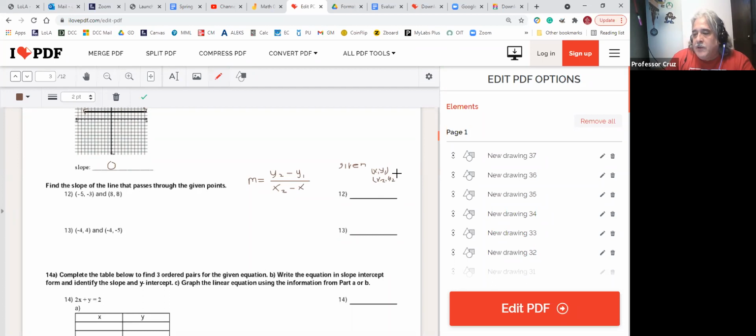It doesn't matter which one has the 2's on it or the 1's on it, but you can't mix them up. One has to be 1, 1, and the other has to be 2, 2. But you could do them backwards if you want to. You just can't cross the string. So, with this, X1, Y1, x2, y2.